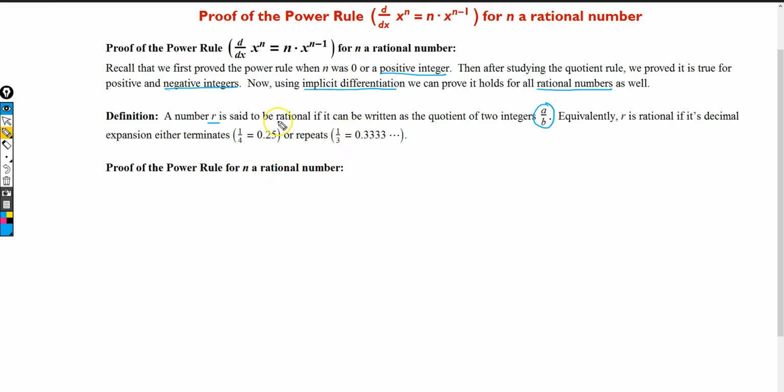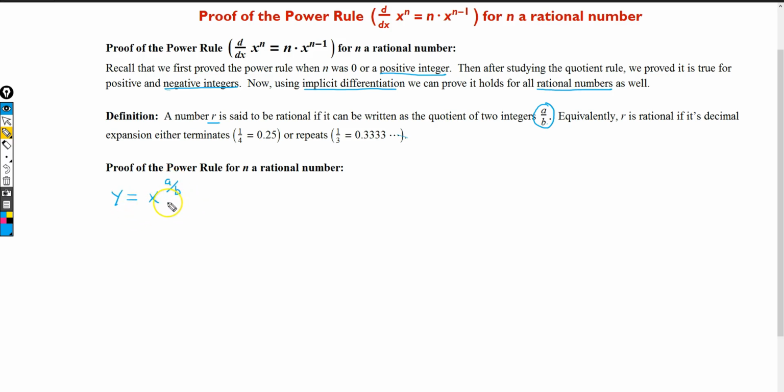Now let's prove the power rule when n is a rational number like a divided by b. We'll start by assuming we have the function y equals x to the a over b, where a and b are integers.